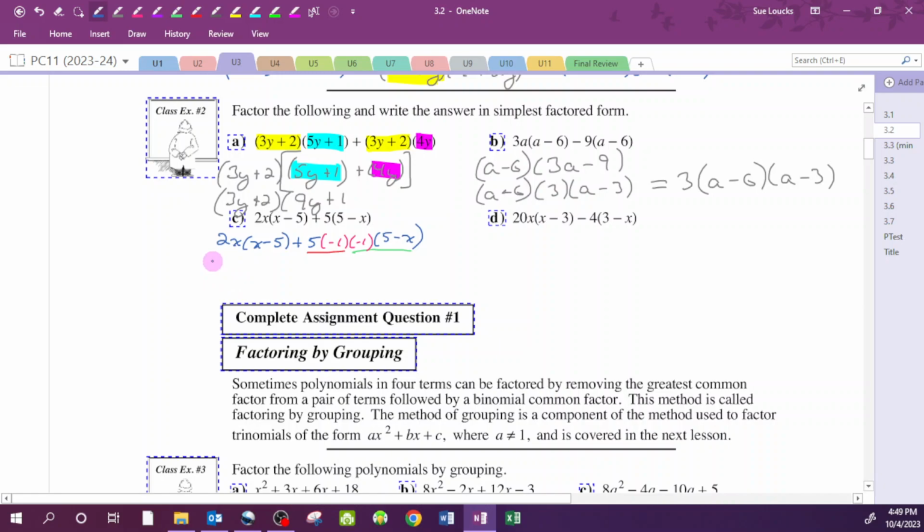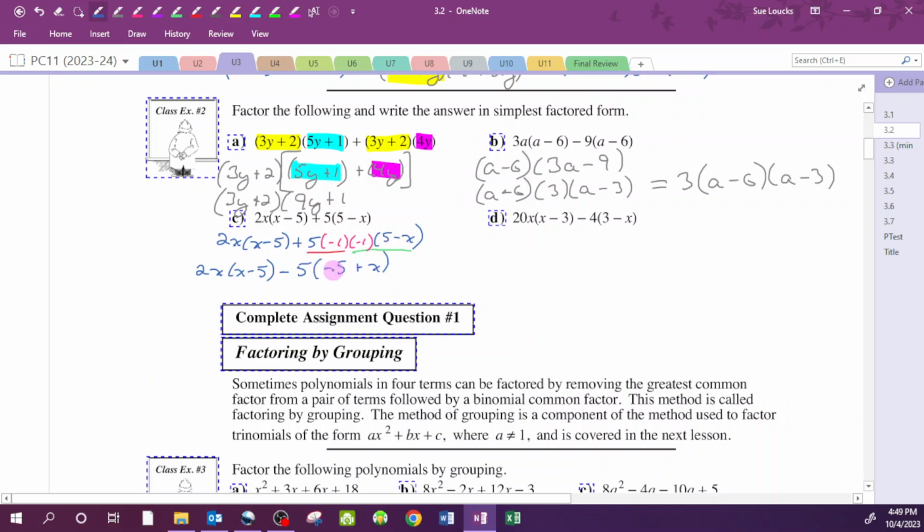Okay, so I still have 2x times x minus 5. I don't want to multiply that out because I'm trying to factor this, so that wouldn't be helpful. And then I've got negative 1 times 5, so I've got minus 5. And then brackets, negative 1 times negative x is plus x.